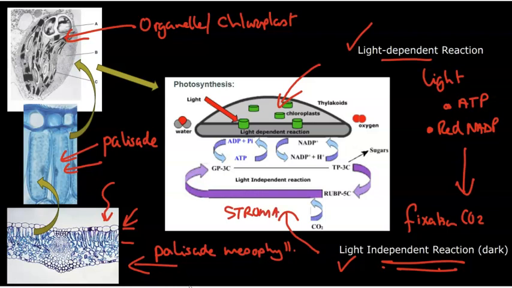Within the stroma are the enzyme systems associated with the light-independent reaction, and those are classically, of course, associated with the Calvin cycle, a cyclic metabolic pathway which generates and creates the biological molecules. So, location of the stages of photosynthesis: light-dependent reaction on the thylakoids, light-independent reaction in the stroma.